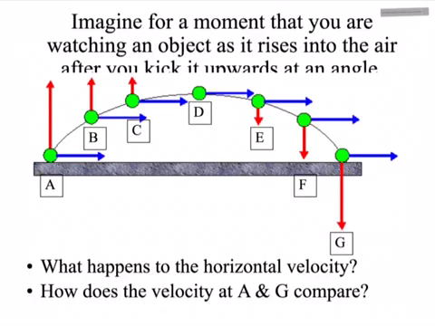Then it's going to start falling back down at a rate of 9.81 meters per second squared. Now we're going down, and these red arrows are getting longer. At C and E, those appear to be at the exact same height, with the same speed, opposite direction. Same thing with B and F, same speed, opposite direction, and we've already talked about A and G.